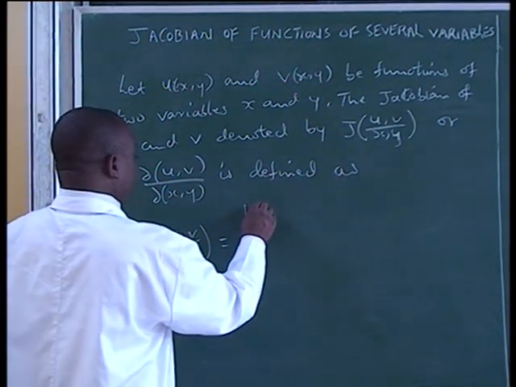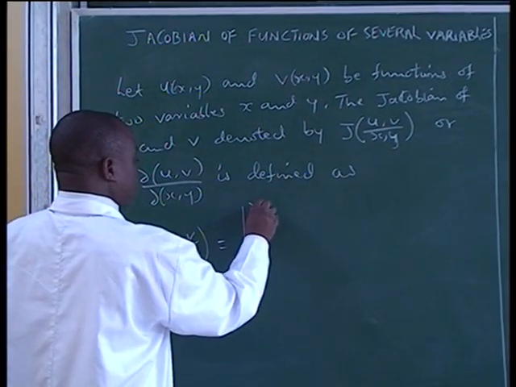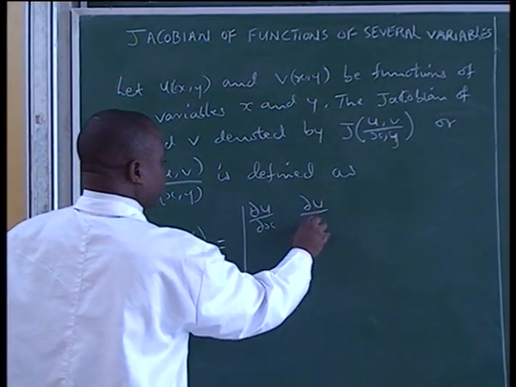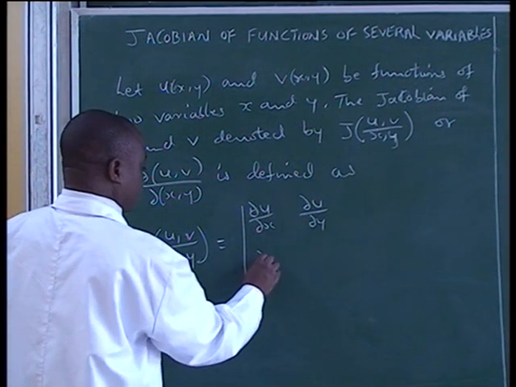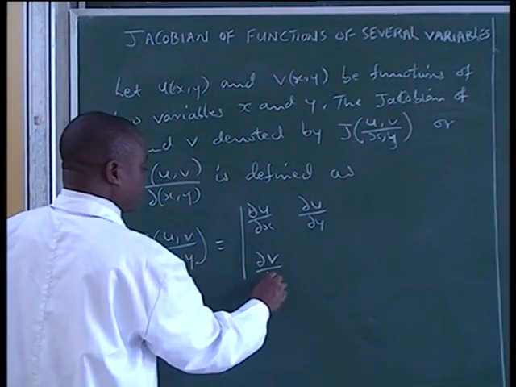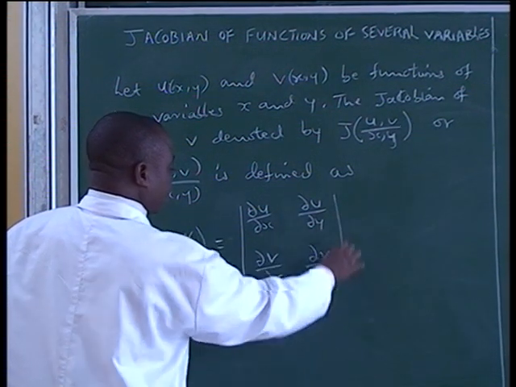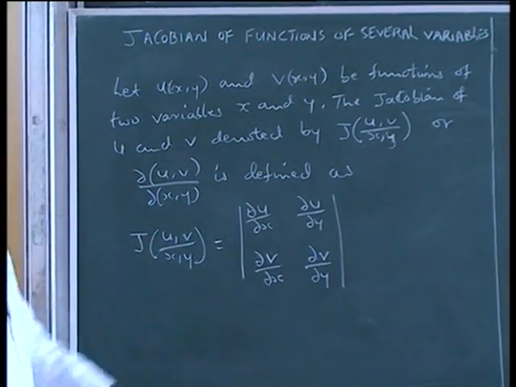That is, we have partial u partial x, partial u partial y, partial v partial x, partial v partial y. That is the Jacobian.